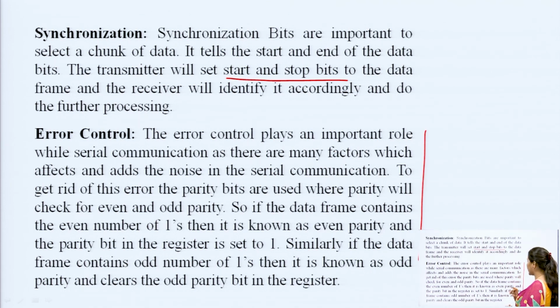When we talk about error control, there must be some scheme to identify and control the error. Parity is one way for that. There can be even parity or odd parity. When the number of ones in the data sent from the sender to the receiver is even, it has even parity, and when the number of ones in the data is odd, that means odd parity.